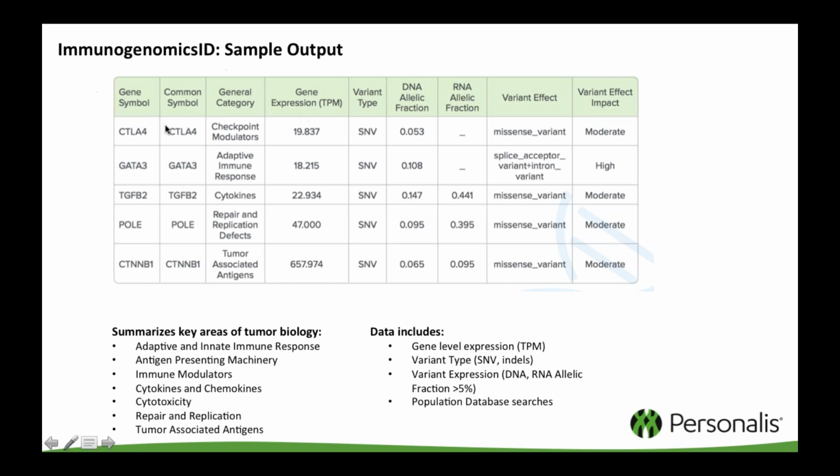So in categories such as checkpoint modulators, tumor-associated antigens, DNA repair, replication pathways. And so both gene and variant level expression, as well as information on the variant effect and impact are given. So this report out provides a summarized view of the tumor immunogenomics for a quick, streamlined assessment.